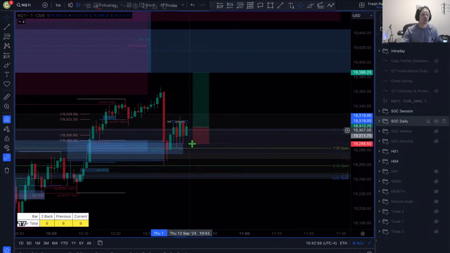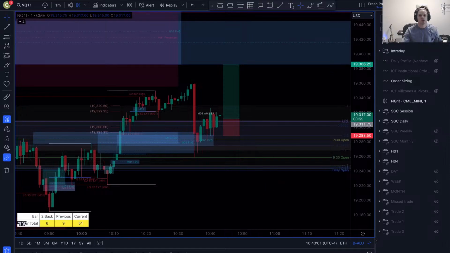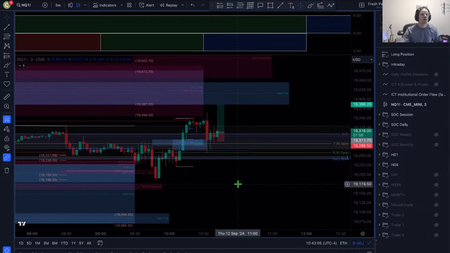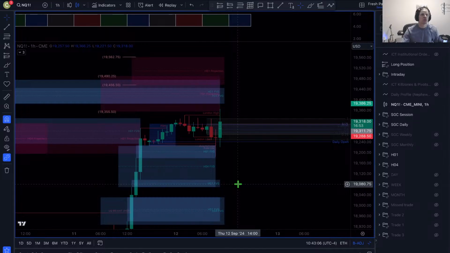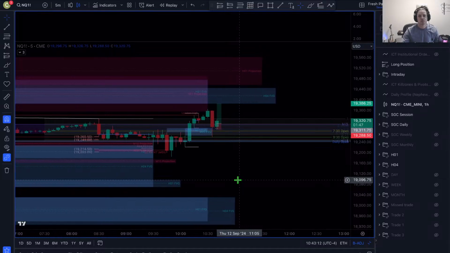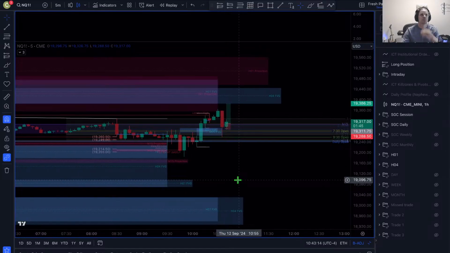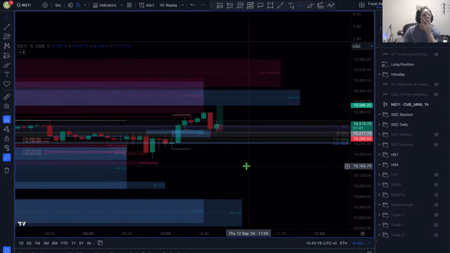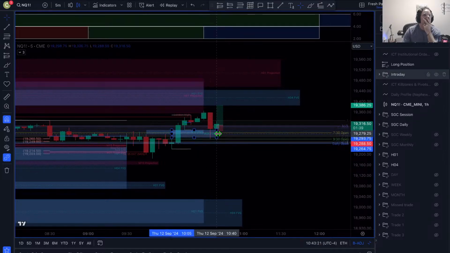So it's refuted. So it's looking a little bit like that was just a liquidity sweep again. You held this on the 5 minute.